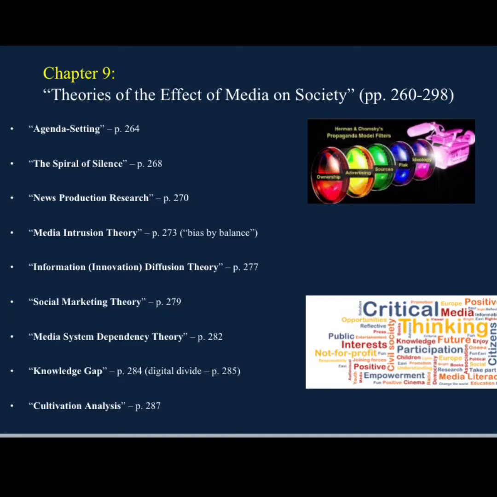The next topic from the chapter on page 268 is entitled The Spiral of Silence. It's defined as the idea that people holding views contrary to those dominant in the media are moved to keep those views to themselves for fear of rejection.